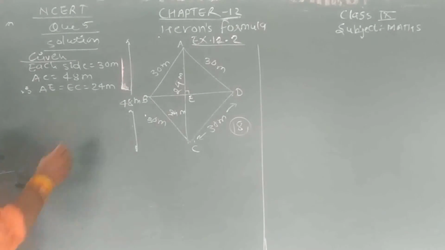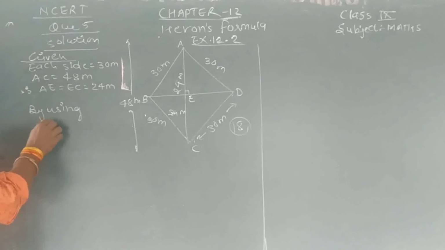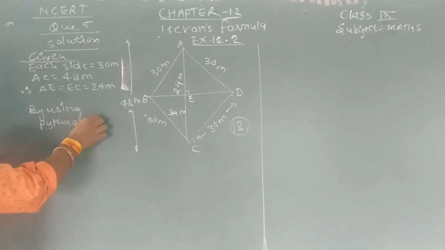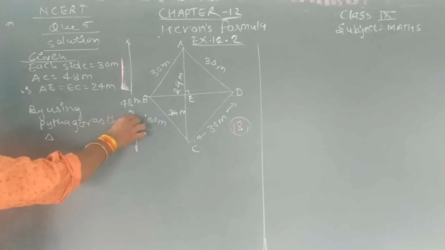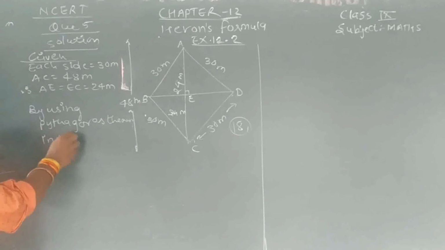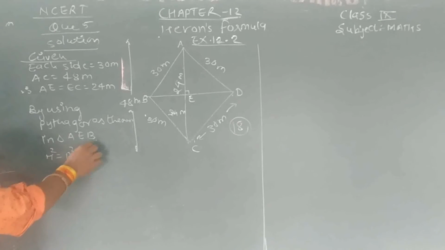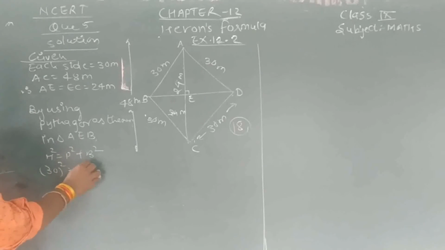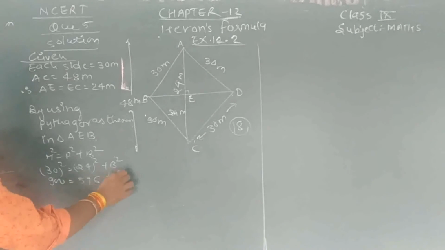Using the Pythagoras theorem in triangle AEB, hypotenuse square is equal to perpendicular square plus base square. The hypotenuse is 30, so 30 square is 900. The perpendicular is 24, so 24 square is 576, plus base square.